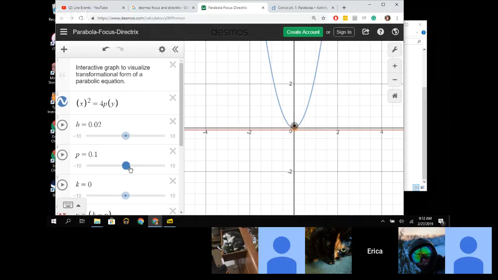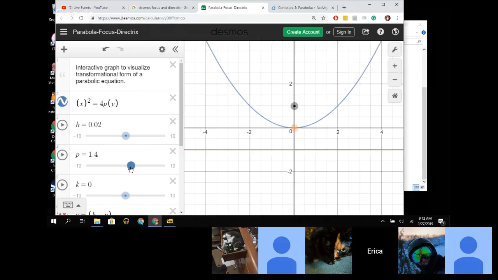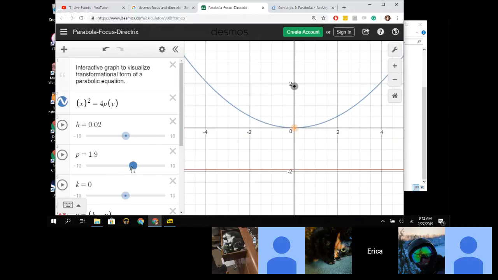And as your value of p, which is the number before y, gets bigger and bigger, your parabola becomes wider. Okay?